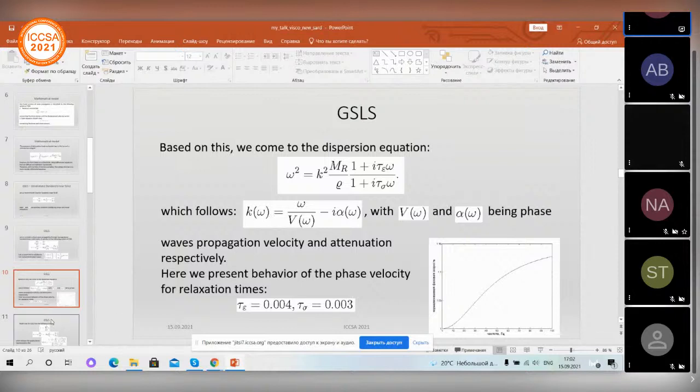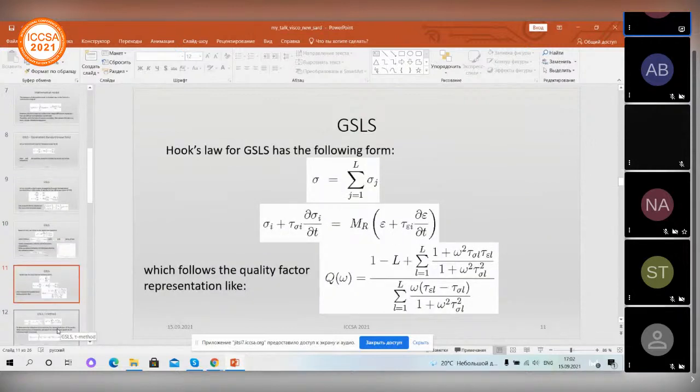But it happened that for seismic waves, there is no change of the quality factor with respect to frequency. So that means that you should introduce a few attenuation mechanisms, a few parameters to describe the attenuation.